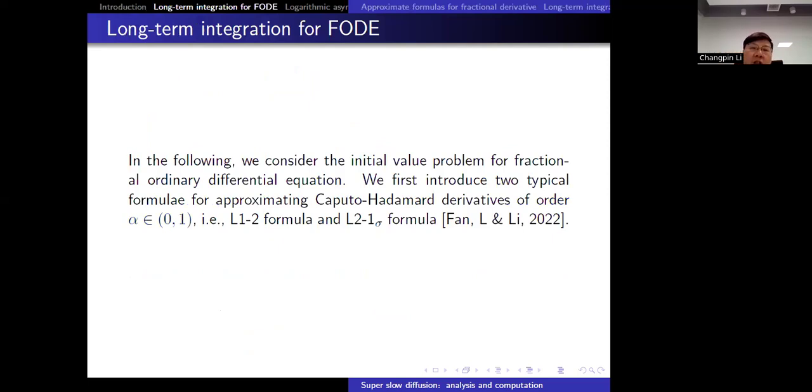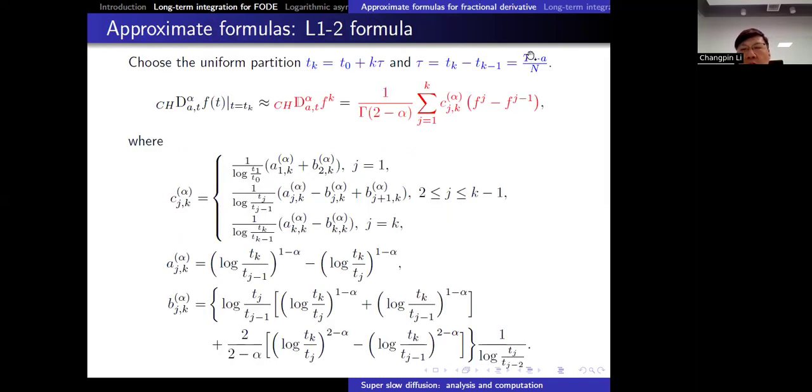Now we study long-term integration for fractional ordinary differential equations. We first introduce two typical formulae for approximating Caputo-Hadamard derivatives of order alpha, i.e. the L1-2 formula and the L2-1 sigma formula. We consider the problem in the interval from a to capital T. We divide the interval into n sub-intervals.